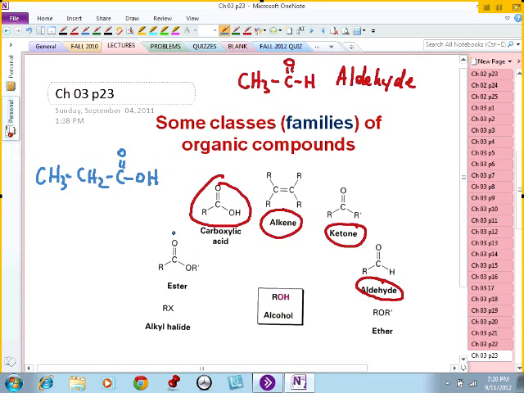Now we also have what we call the ester. In the ester, you notice the difference between the ester and the carboxylic acid is that instead of the hydrogen, we now have some kind of alkyl group attached to the oxygen. Okay? So we call that an ester. For example, supposing I have this molecule here. What class of compound is that? That is an ester.